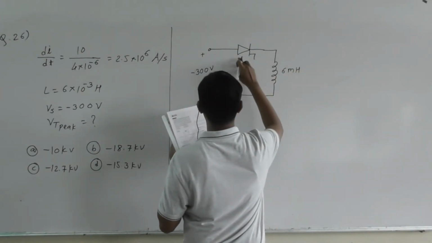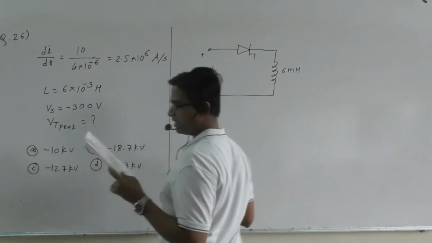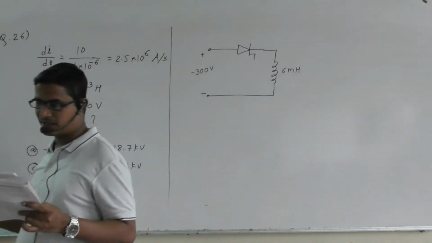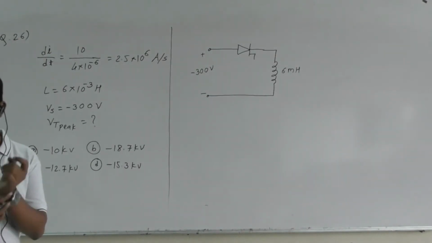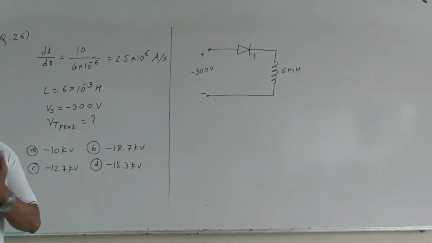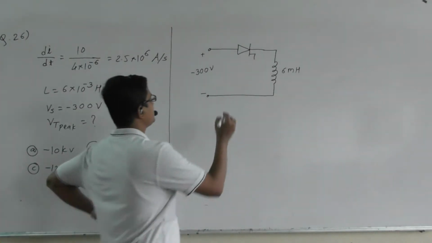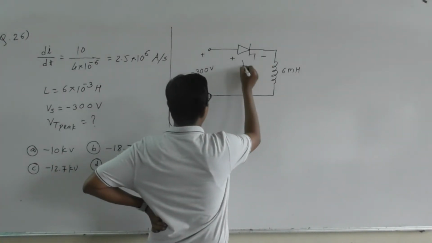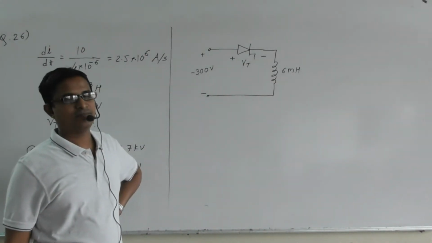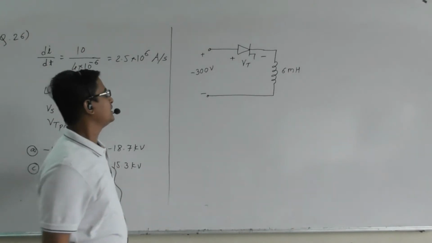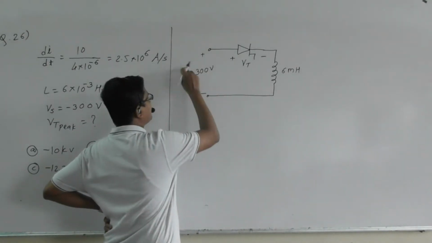Okay, so here it is given that during the turn-off process, the reverse recovery current is interrupted, and our task is to find the peak voltage across the thyristor. Yes, peak voltage across the thyristor means this voltage, that is VT. VT we need to find. Okay, so from this, why have we applied the reverse voltage?